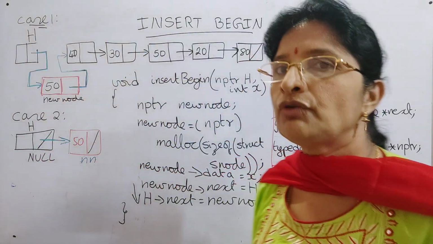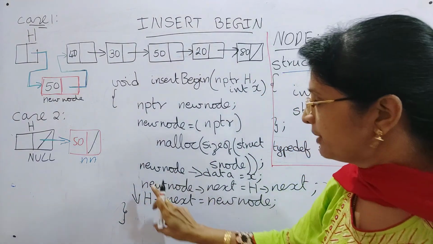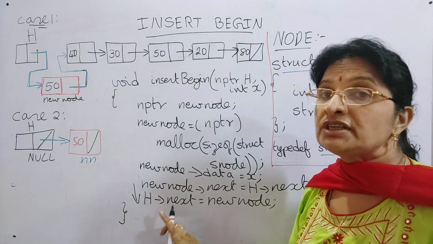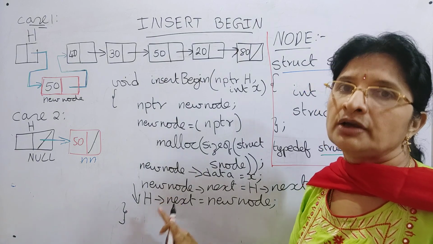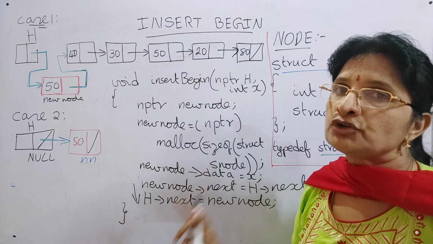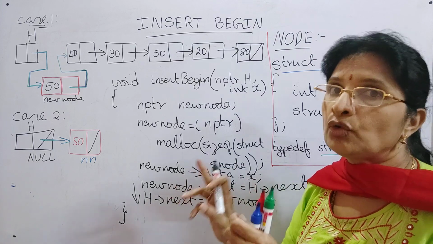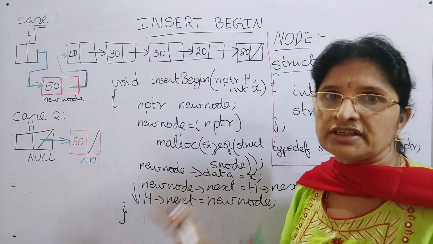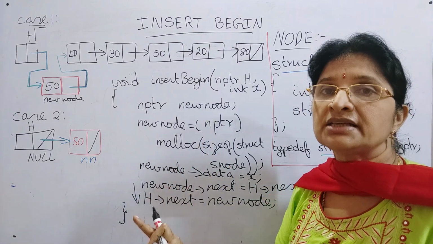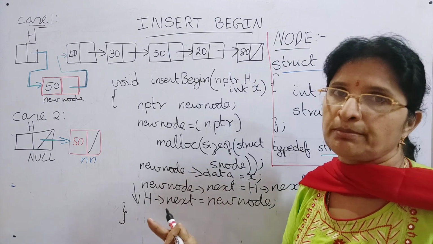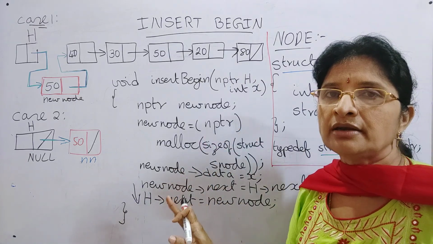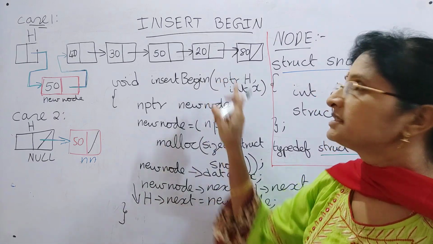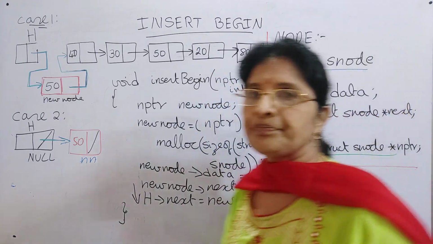So whenever you are modifying the links, you should be careful which link must be modified first, because you should always maintain the header node next, which points to the first node. That link part is very important, because if you lose that one, you will lose the total list. So this is how you can insert a node at the beginning of your list.